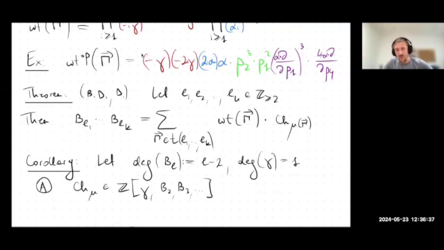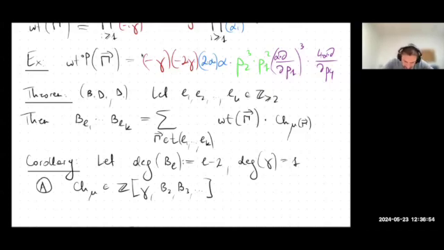This is precisely why I introduced this weird parameter gamma and changed the normalization, because now everything is really nice. So my normalized Jack character belongs to this algebra.